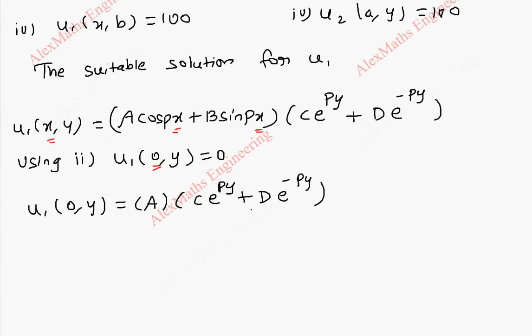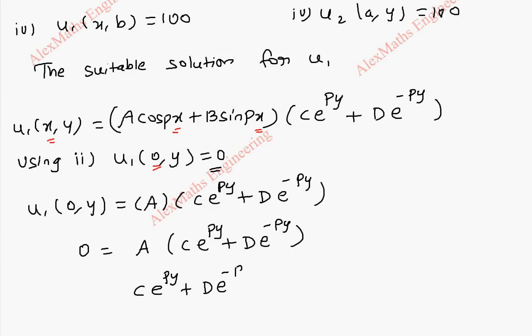Now this value is 0. So 0 equal to a into (c e power py plus d e power minus py). Now c e power py plus d e power minus py cannot be 0 because it exists for all the values of y. Therefore the only option is a must be 0.